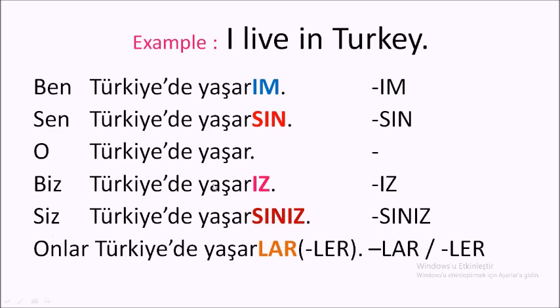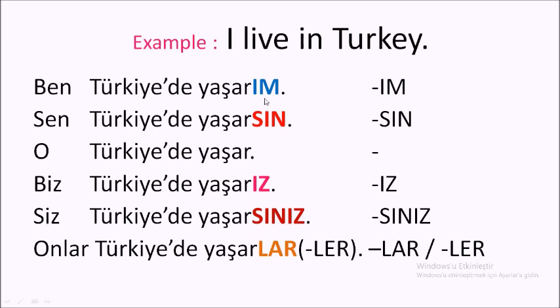Okay guys, so now let's see here. De. This shows in English in preposition or at preposition, guys. In Turkish we use this way. So as you see here at the end of verbs, as you see there are suffixes that shows the person who does this action.